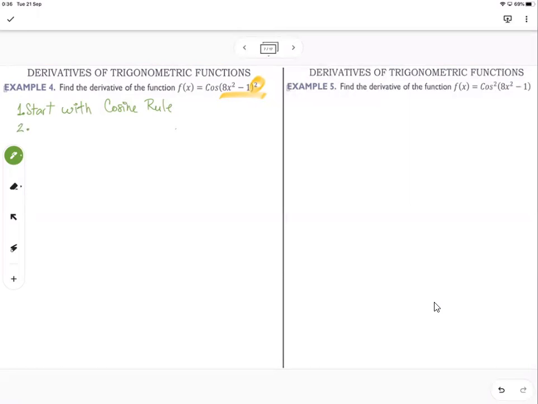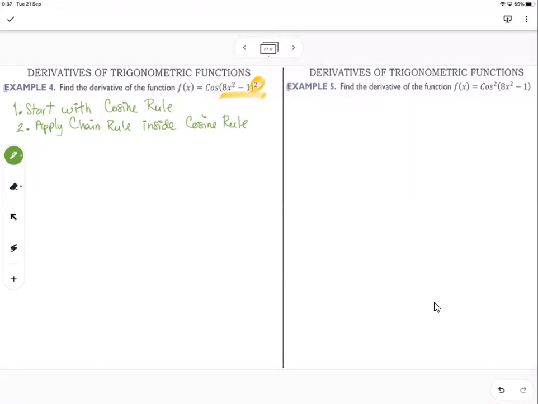And the second thing that you're going to do is apply the chain rule inside the cosine rule. This is the order in which we are going to apply the rules.